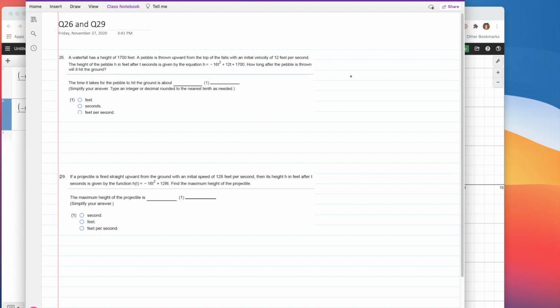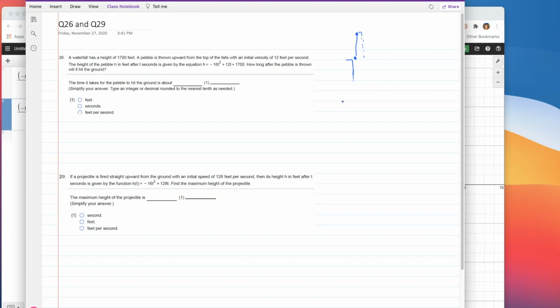So if I have a picture here, I have a waterfall, and then there is a little pebble that is thrown up with the initial velocity. And eventually, because of the gravity, this pebble is going to come back down.